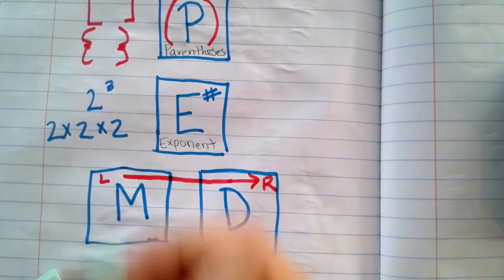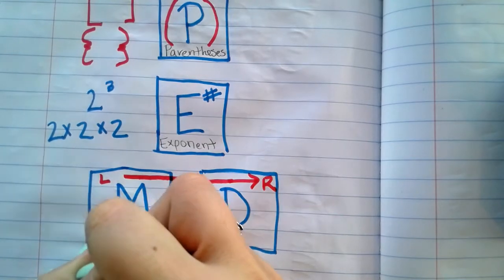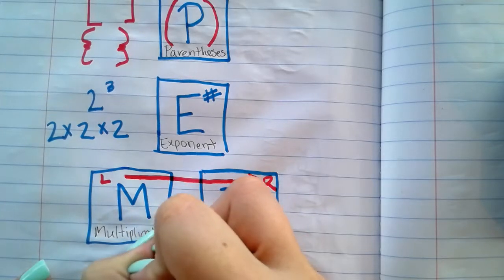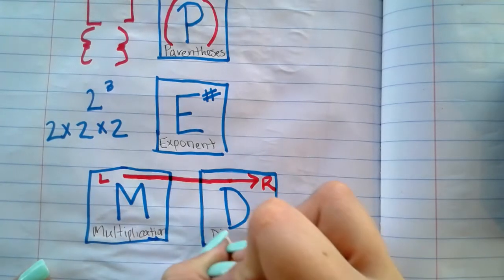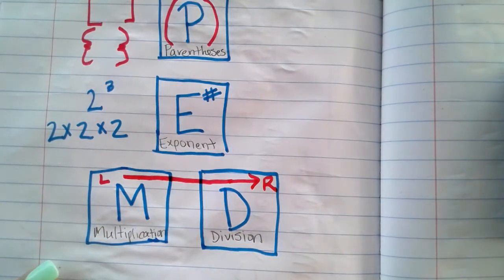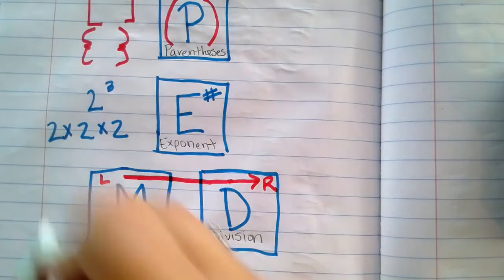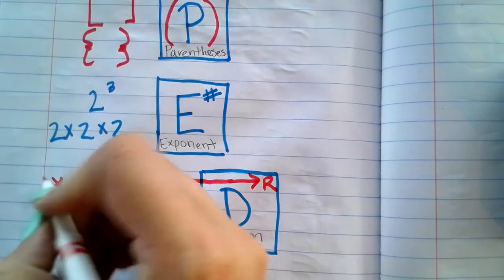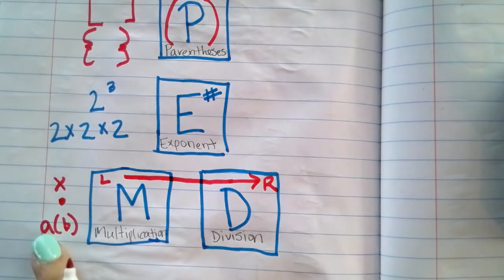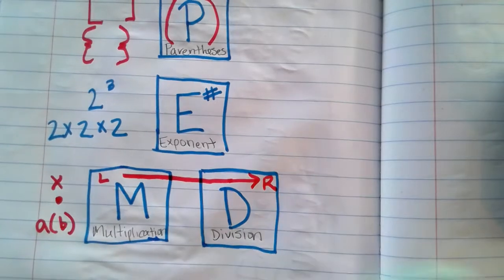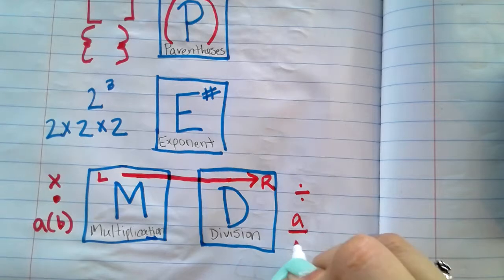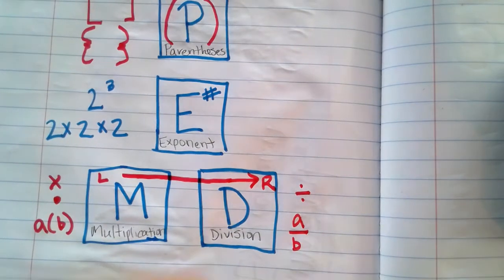Okay, I'm going to write what the M stands for. Good, multiplication. And then division. And remember that multiplication, I could have an X, a dot, or a number or letter beside a set of parentheses. That means A times B. We'll get there. Over here, division could be like that, or even a fraction, because that line means to divide.